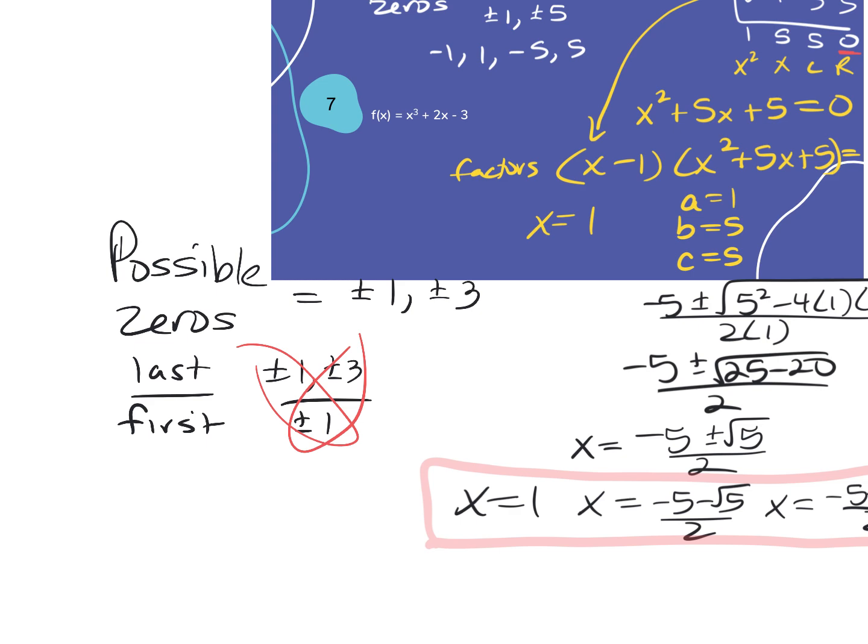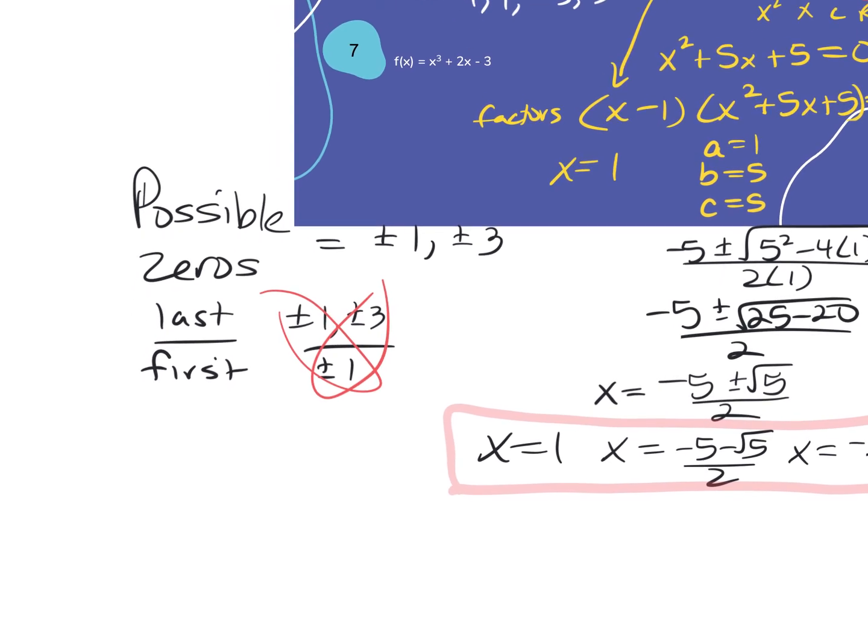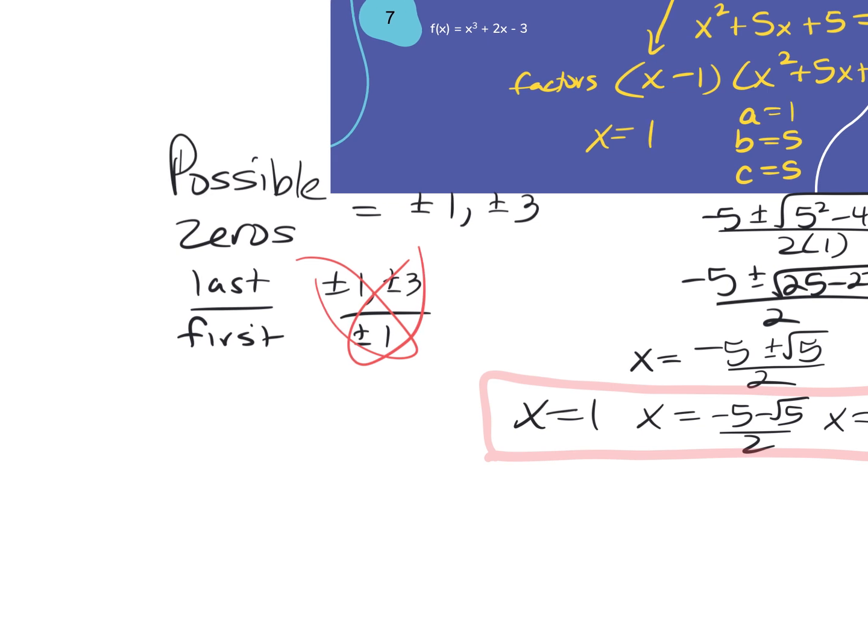So now I need to do synthetic with one of these four numbers. Again, I'm going to do 1. 1 is a lot of times what happens, but not always. So I'm going to go ahead and do synthetic with 1. This one is missing the x squared, so I got to hold the spot. Now, if I choose a zero that I think is one of the answers, again, I'm either going to do -1, +1, -3, or 3.